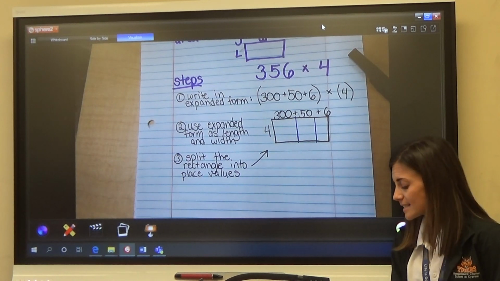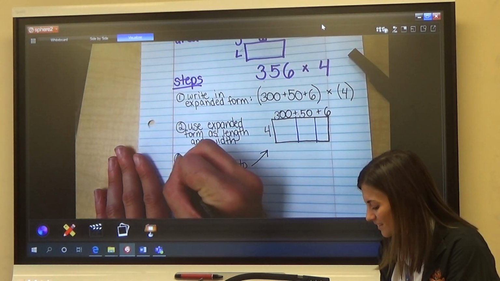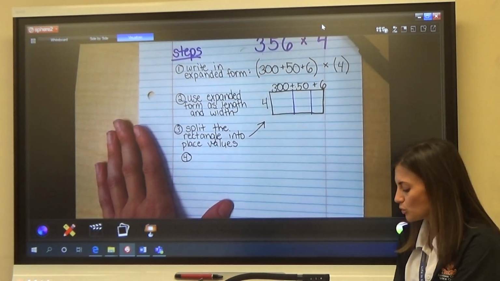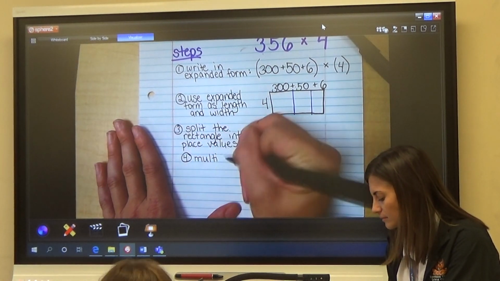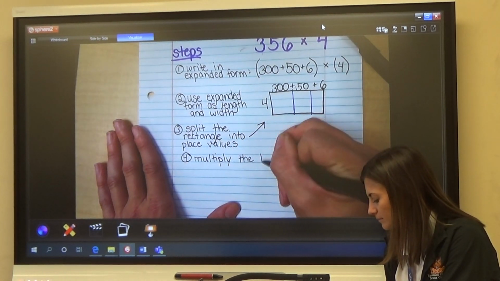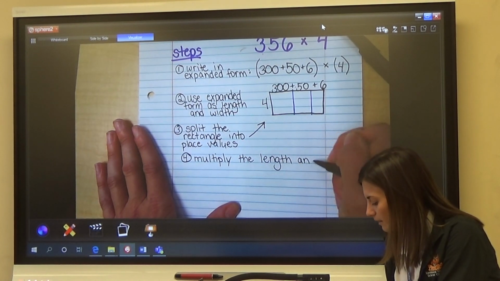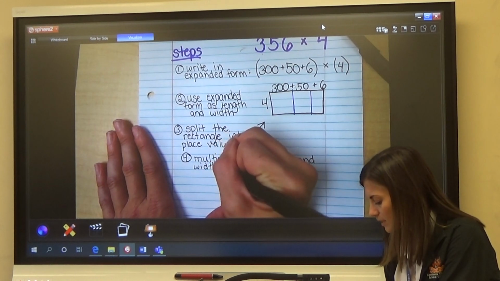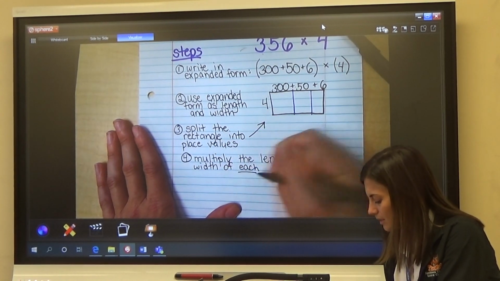Okay, so our next step, step number 4. Step number 4 is we are going to multiply the length and width of each section.